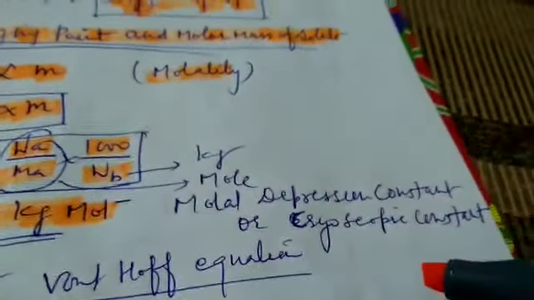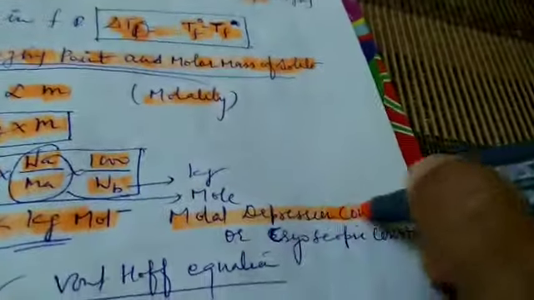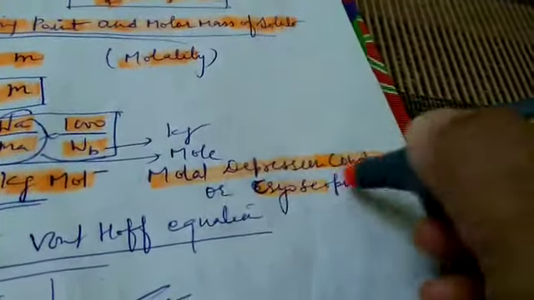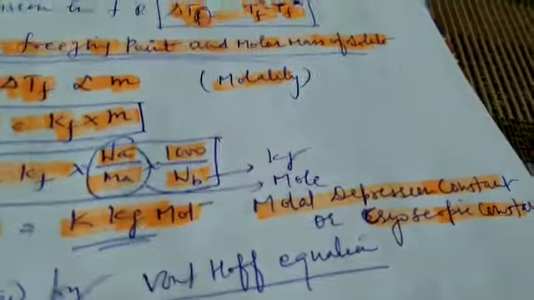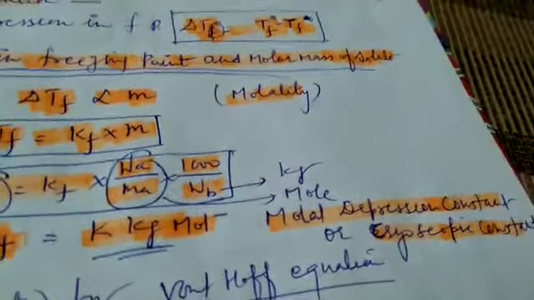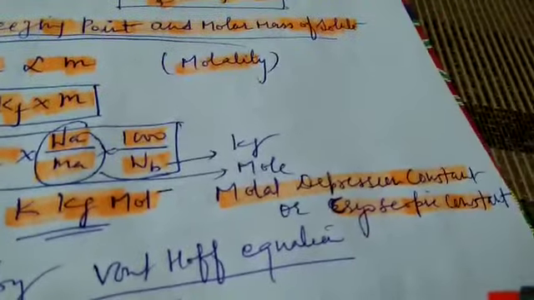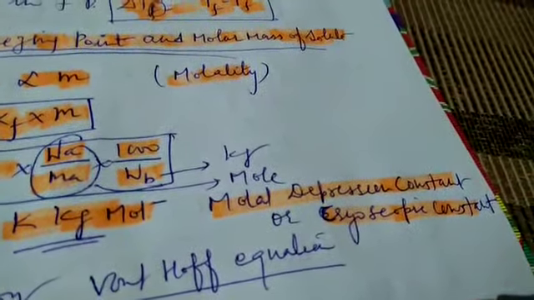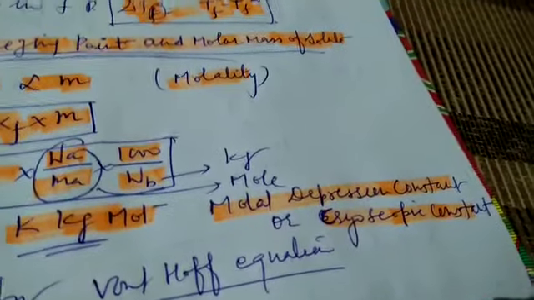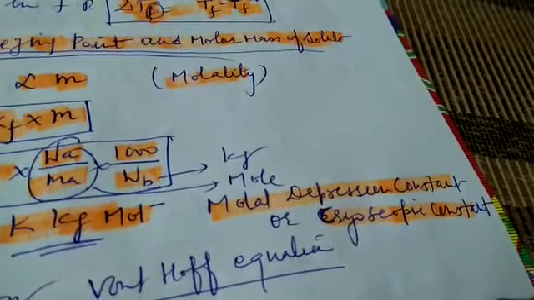KF is known as molar depression constant or cryoscopic constant, whereas KB was known as molar elevation constant or ebullioscopic constant. We are naming KF as molar depression constant or cryoscopic constant.